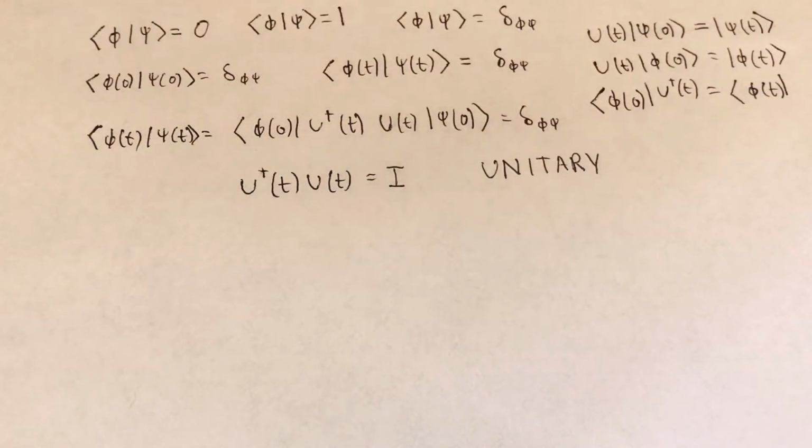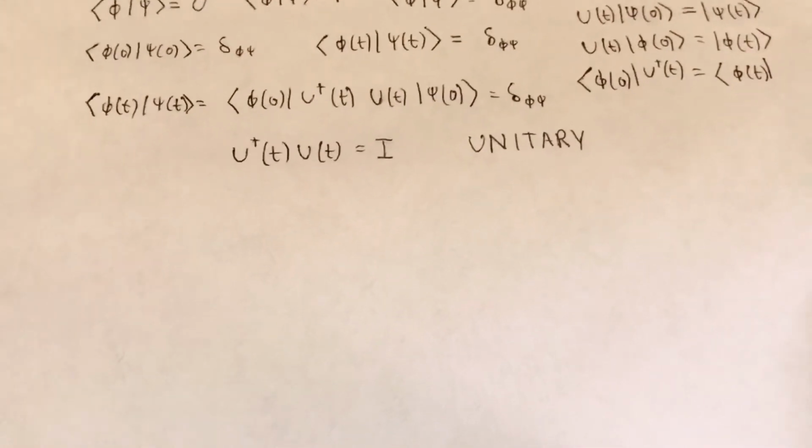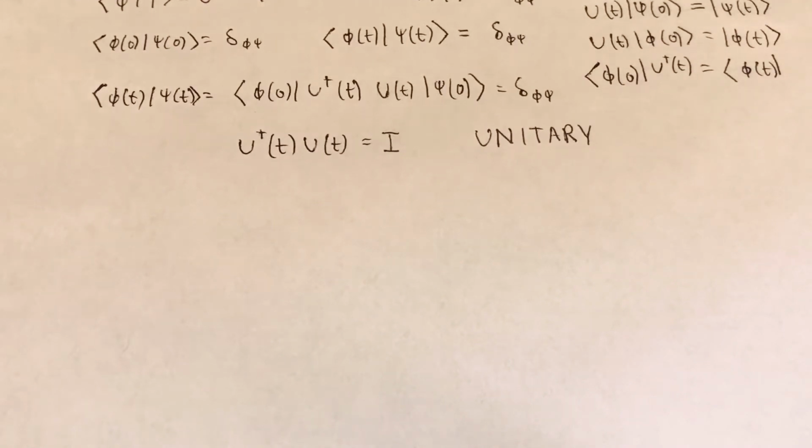Now, we can derive the Schrödinger time-dependent equation. Let's assume, from what should be obvious from classical mechanics, that systems evolve continuously.